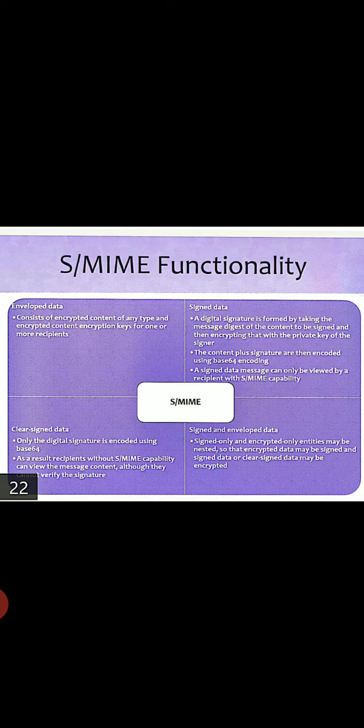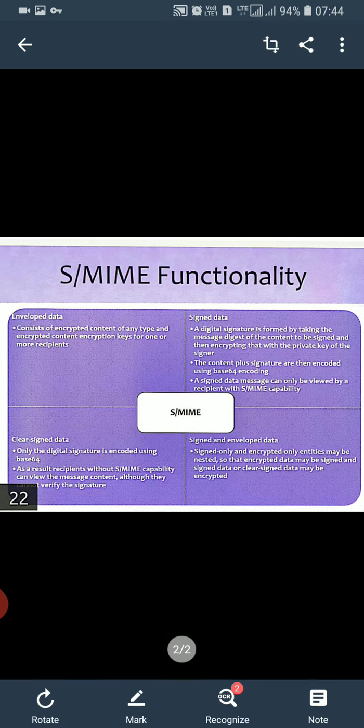To make the enveloped data MIME entity, we generate a pseudo-random session key for the triple DES. For each recipient, encrypt the session key with the recipient's public RSA key.